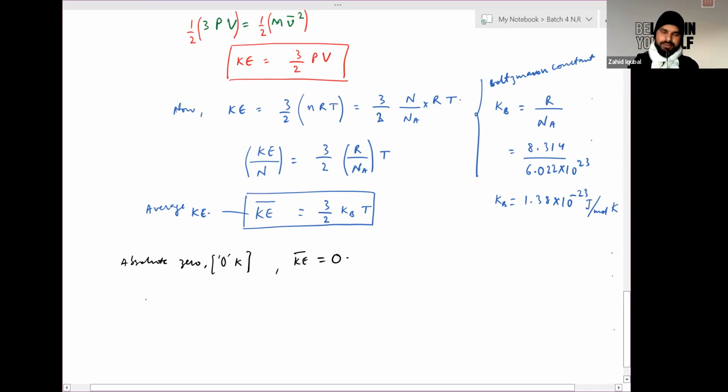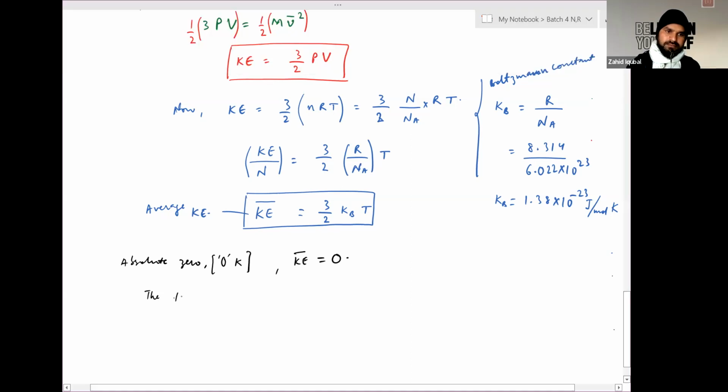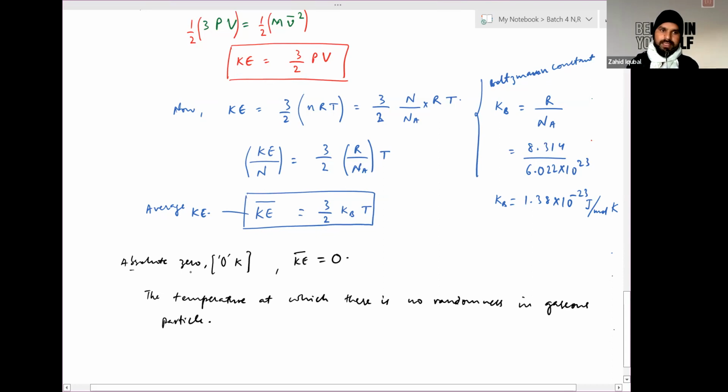So we may define absolute zero as the temperature at which there is no randomness in gaseous particles. Hence, it won't exist at that particular temperature.